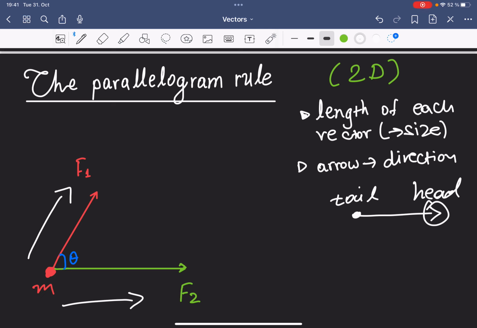So I want you to take F1, its length, and copy and paste it basically at the beginning of F2. So I want you to draw this line that is going to be parallel to F1. So the white line here is parallel to F1 and has the same length as F1.